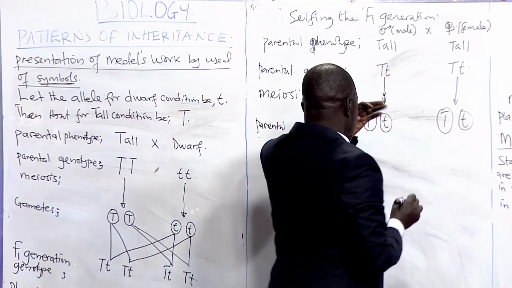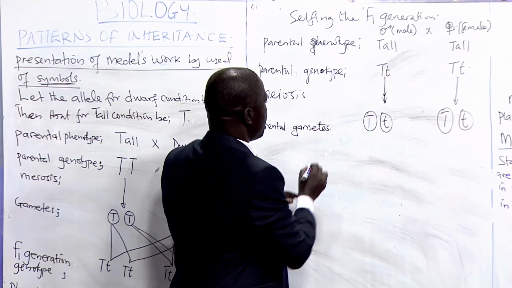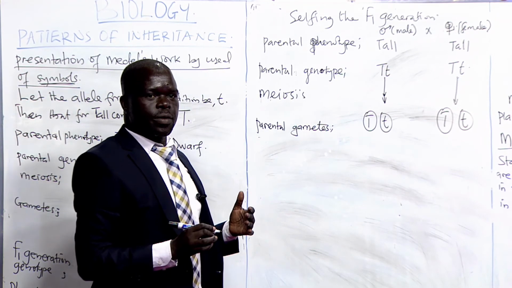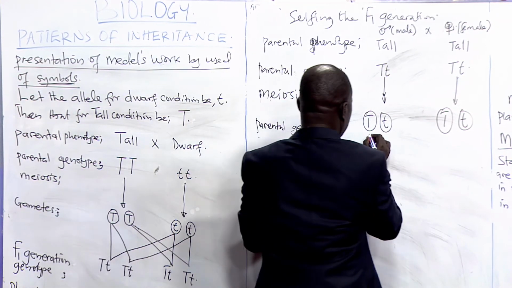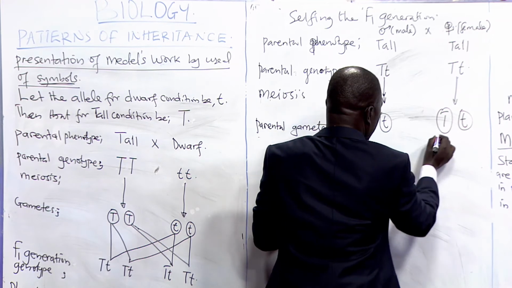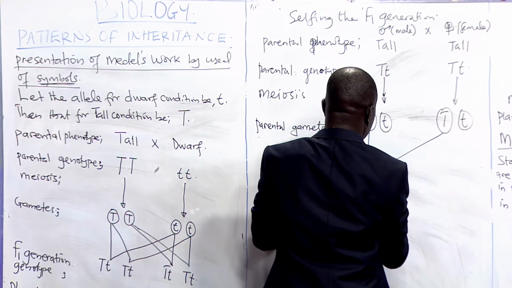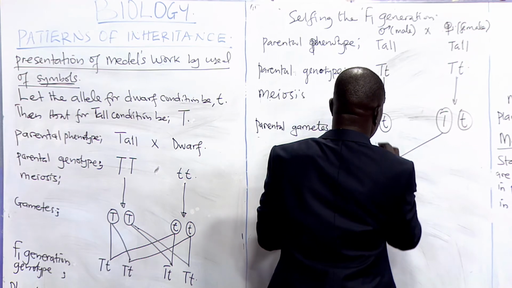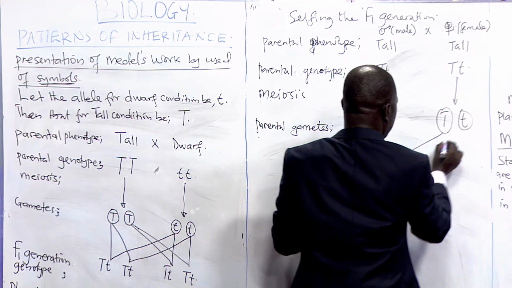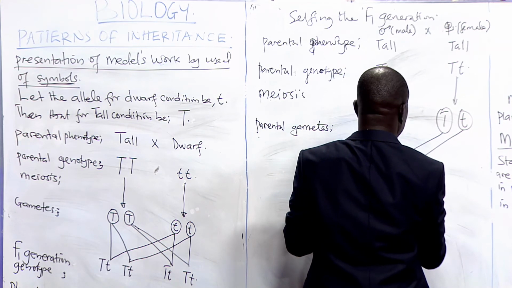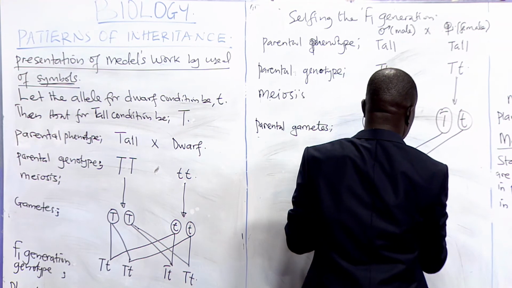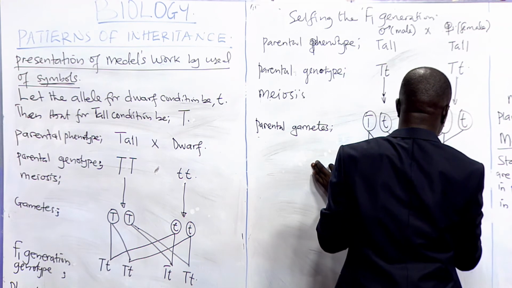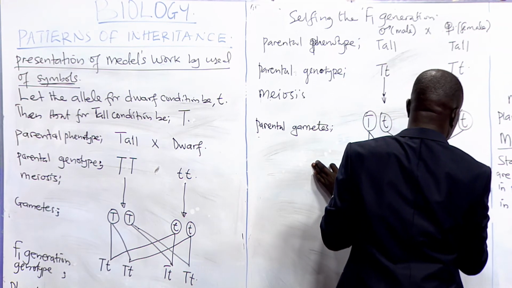Very good. So let us now look at how there is going to be random fertilization. We have capital T, capital T. Then capital T, small t. Then capital T, small t.